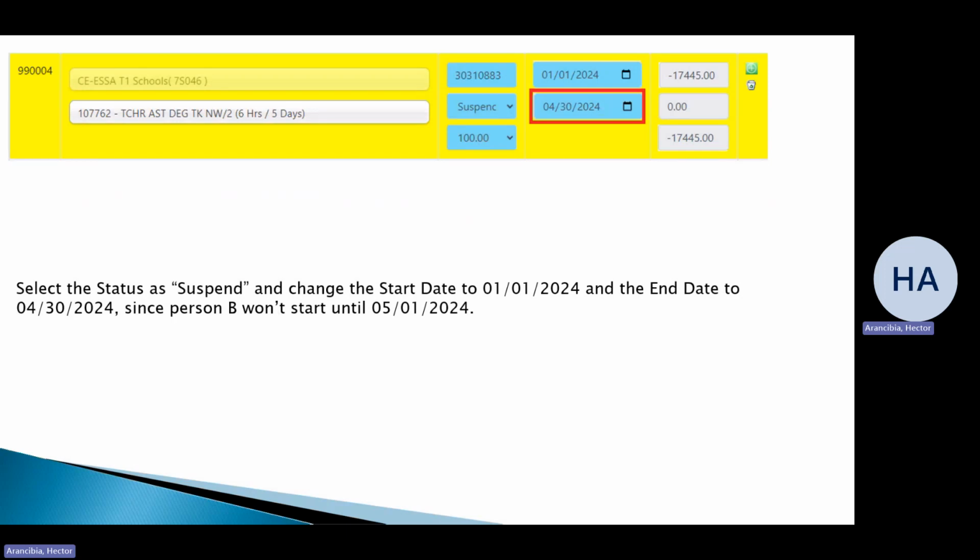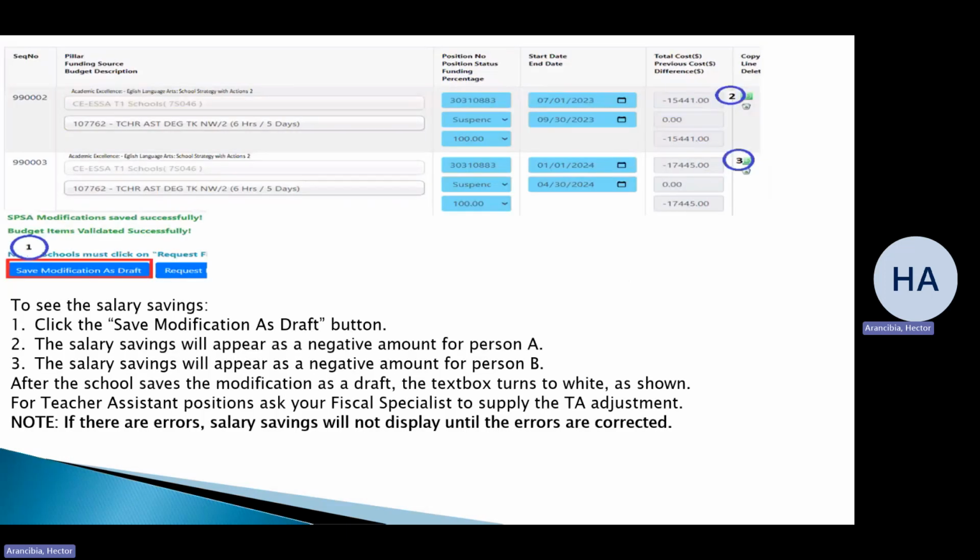We're going to select our status as suspend. And this time we're going to change our start date to 1/1/2024 and the end date to 4/30/24, since person B isn't starting until May 1st of 24. And now to see our salary savings, again, we're going to click the Save Modification as Draft button, and our salary savings appears as negatives.